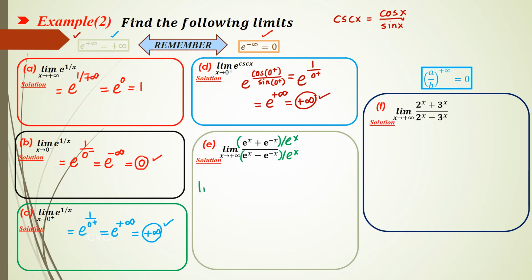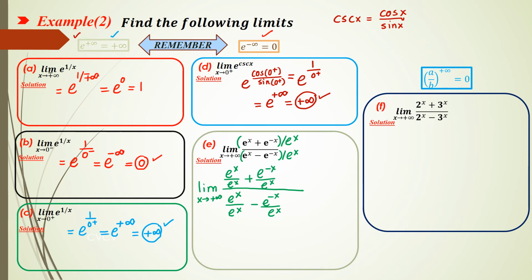So we have limit e to the x divided by e to the x plus e to the power negative x divided by e to the x, and in the denominator we have e to the x divided by e to the x minus e to the power negative x divided by e to the x, when x goes to positive infinity.